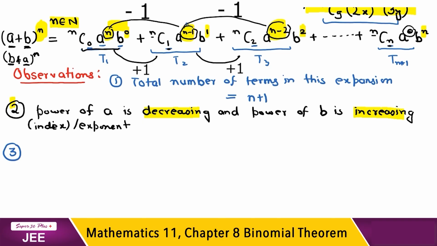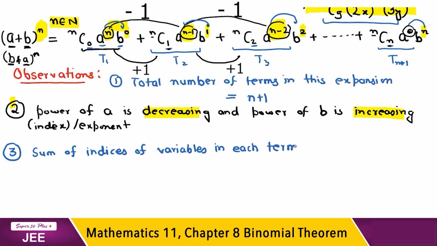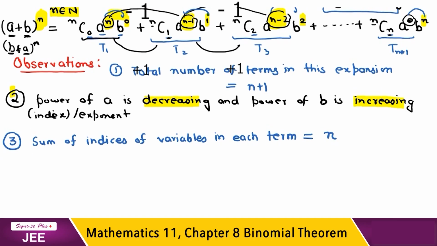In all such cases, even in the last case, 0 plus n, the result is n. So we can write that the sum of indices or powers of variables in each term is equal to the index of the binomial, that is n. I hope you are observing along with me and understanding very well.